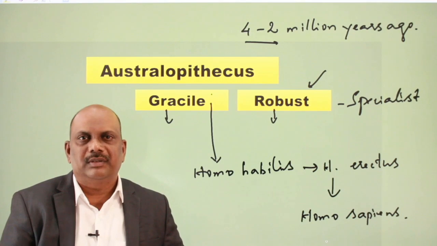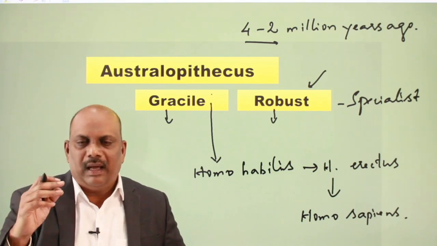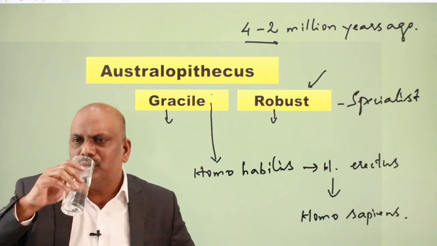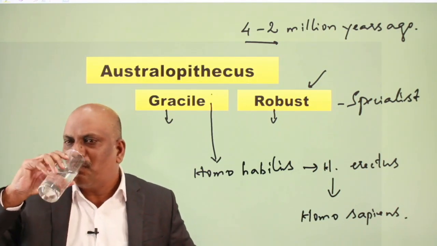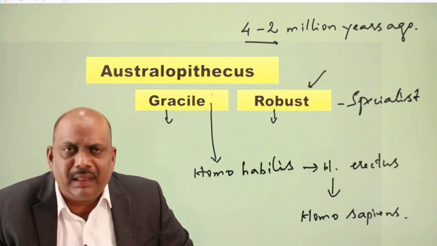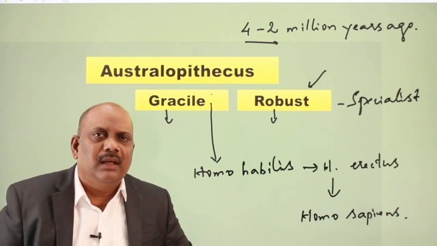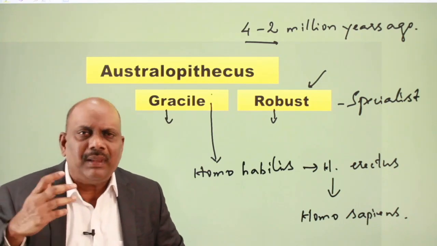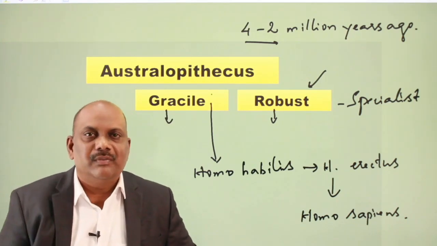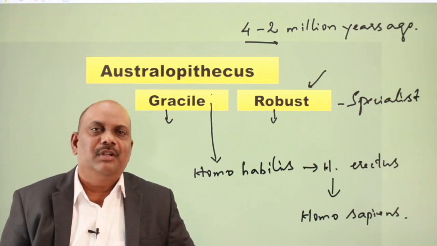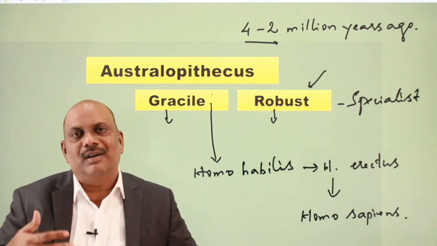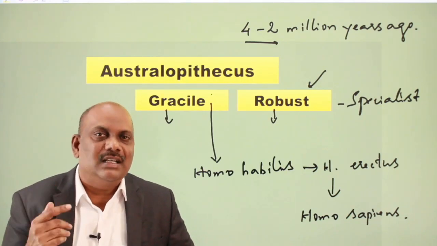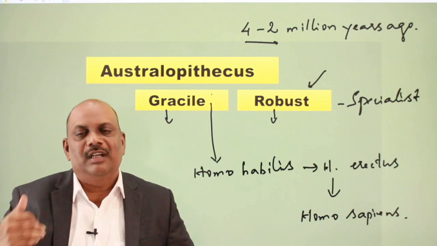Okay, so as robust was a specialist, it couldn't adapt to the changing climate and the changing environment. But on the other hand, gracile somehow managed to adapt to the new environment, adapt to the new climate, and it further got evolved to live under extreme climatic conditions.